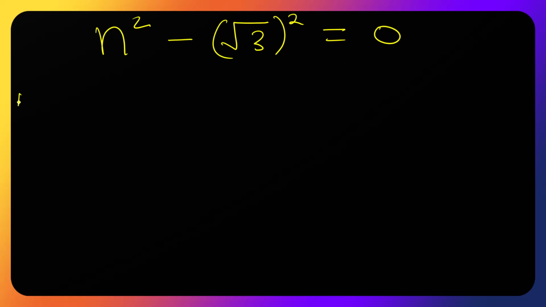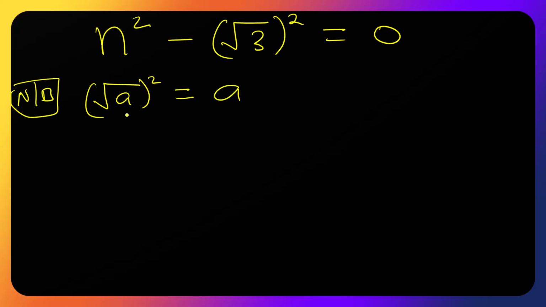So note, the square root of a, squared, is the same as a. So if this side is 3, you get 3 here.